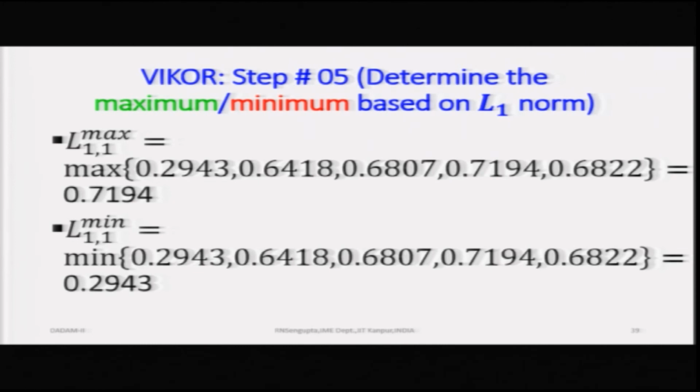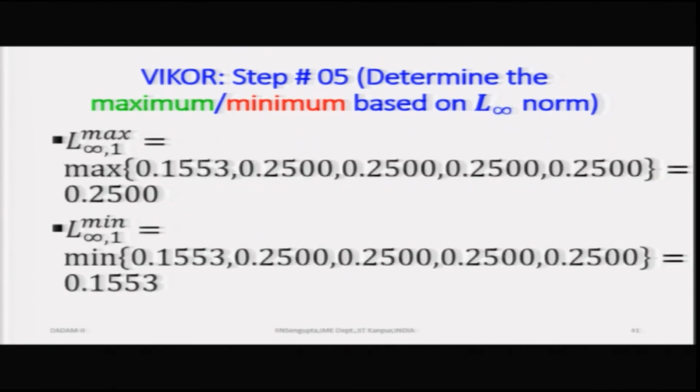For each and every alternative you have the max and the min, where the min values are 0.71, 0.94 and 0.29, and the max values are 0.25 and 0.15. So, you define the differences, put the weightages of V and 1 minus V and find out the ranking.